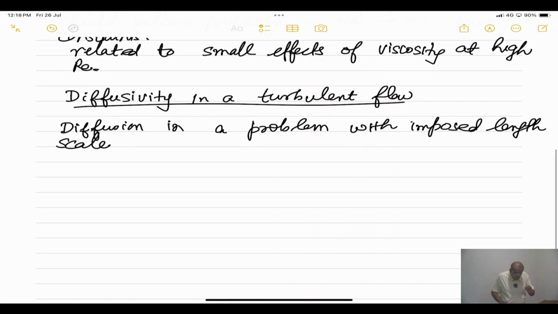To make life simpler, let me look at the diffusion of temperature. Thermal diffusivity is what I am going to address.